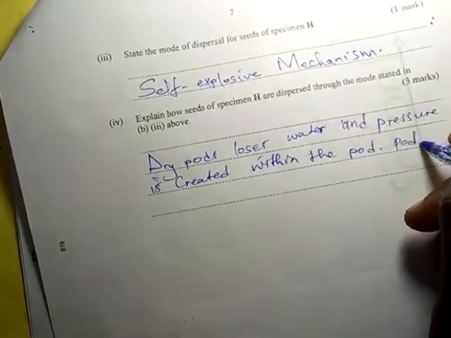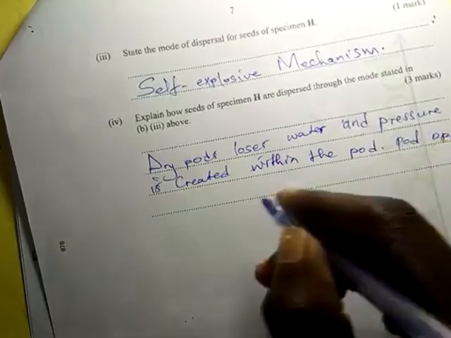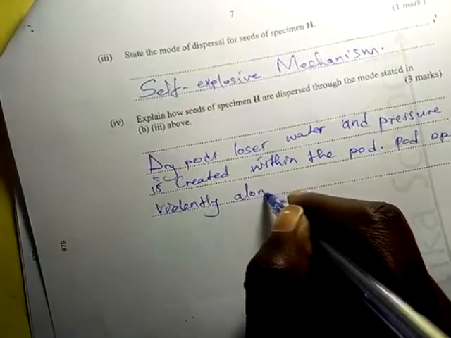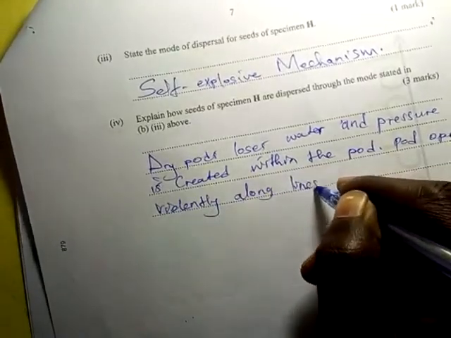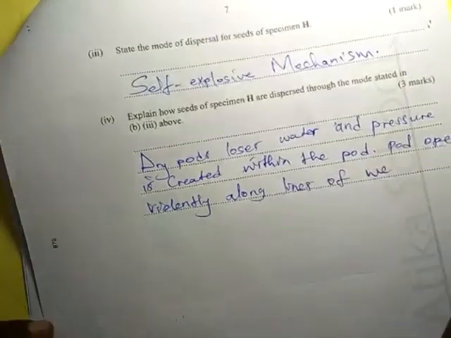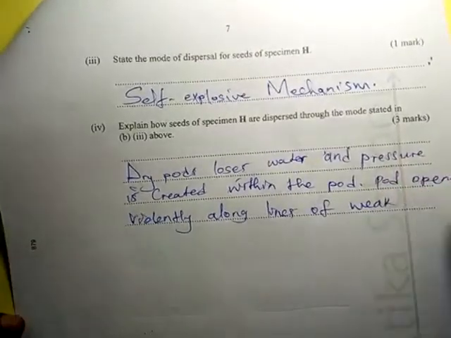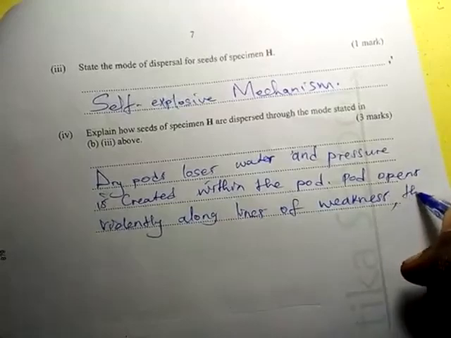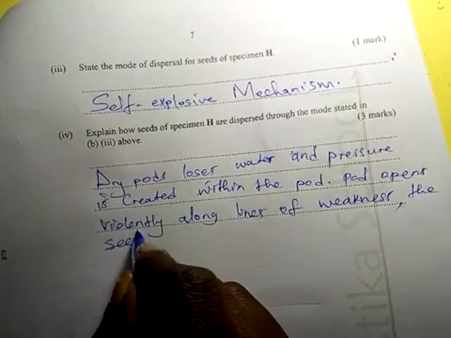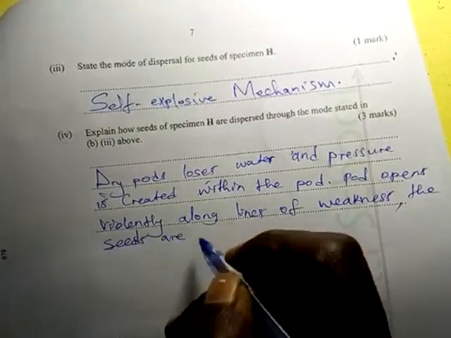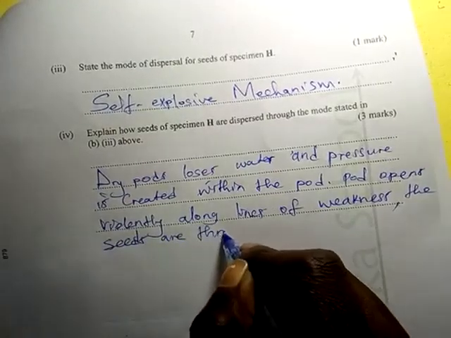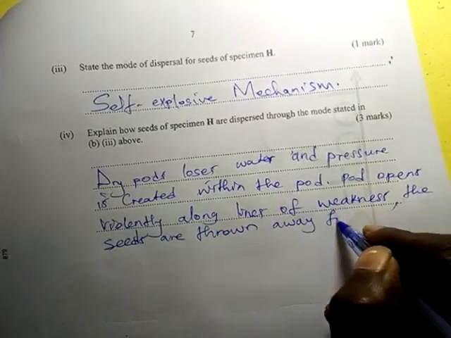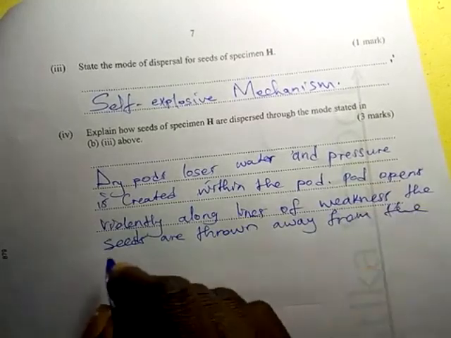Then the pod opens violently along lines of weakness. Then the seeds are thrown away, or they are dispersed from the parent plant.